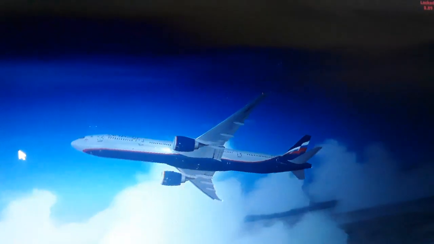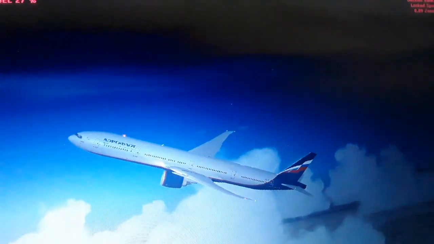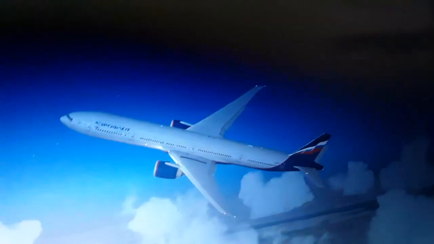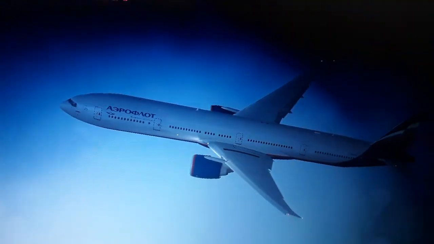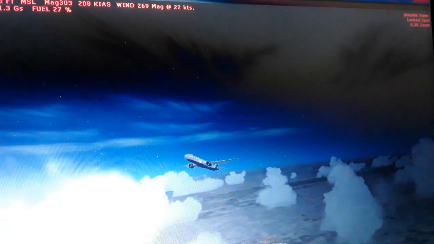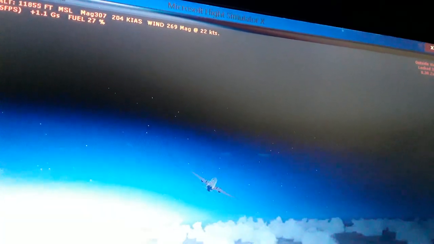So we're gonna have the view here, the Boeing 727, a nice view as we keep climbing. So this is a nice view of the airplane and also the rig and the galaxies.